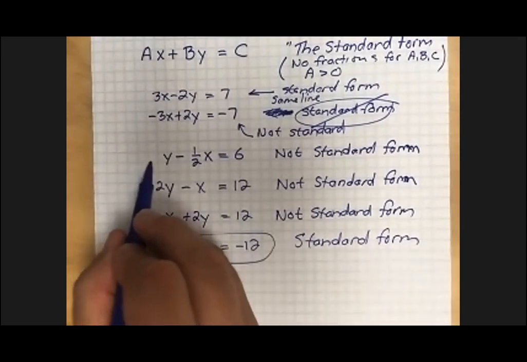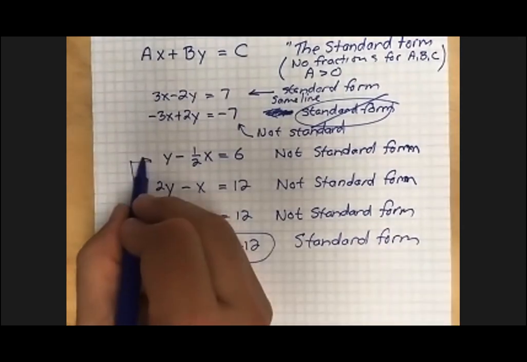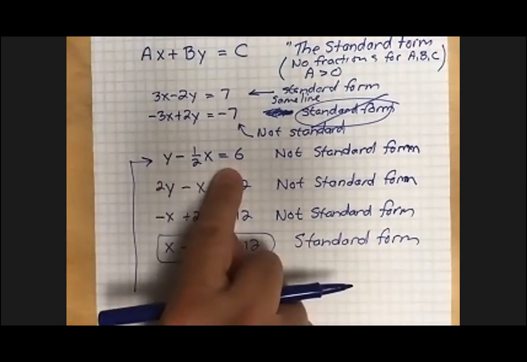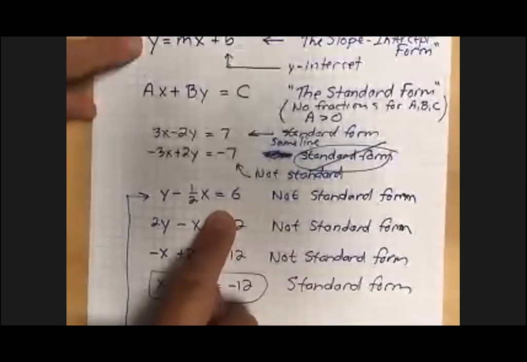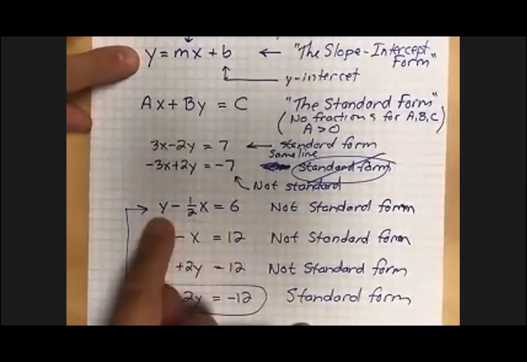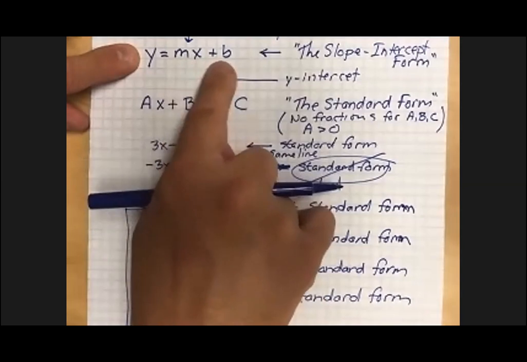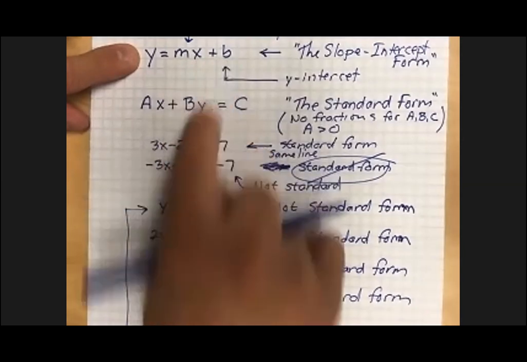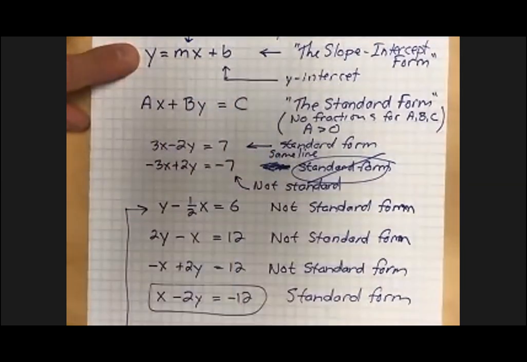By the way, I won't have to repeat this as many times. It's not even slope-intercept form. Right? Slope-intercept form is isolating the y and writing number times x plus number. This is not isolating the y. So this is also not slope-intercept form.